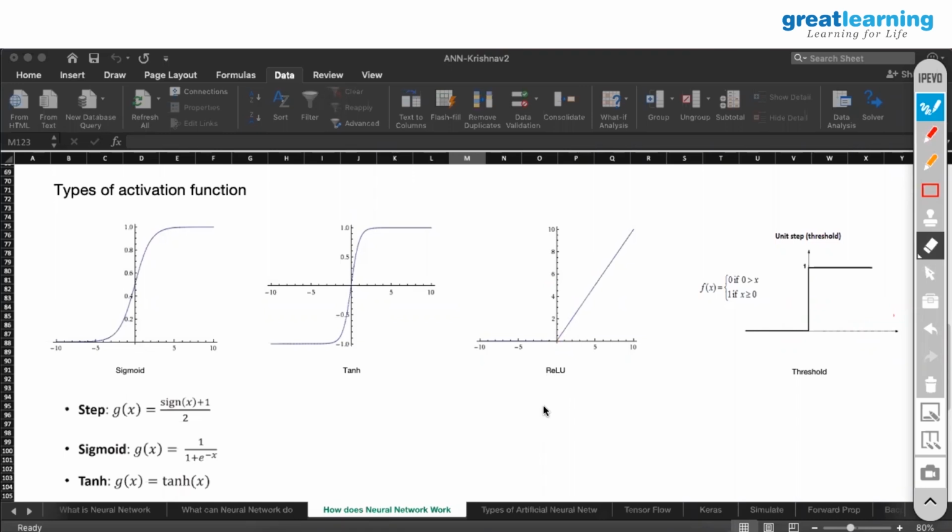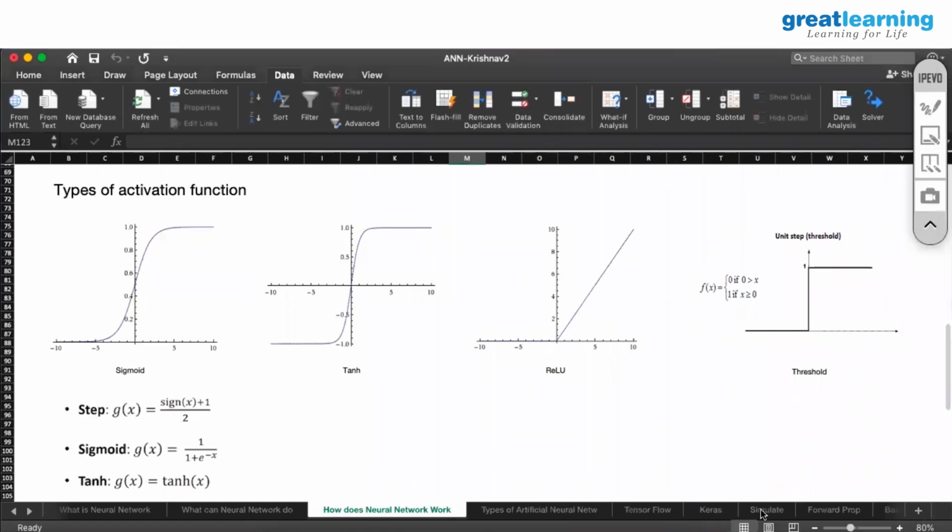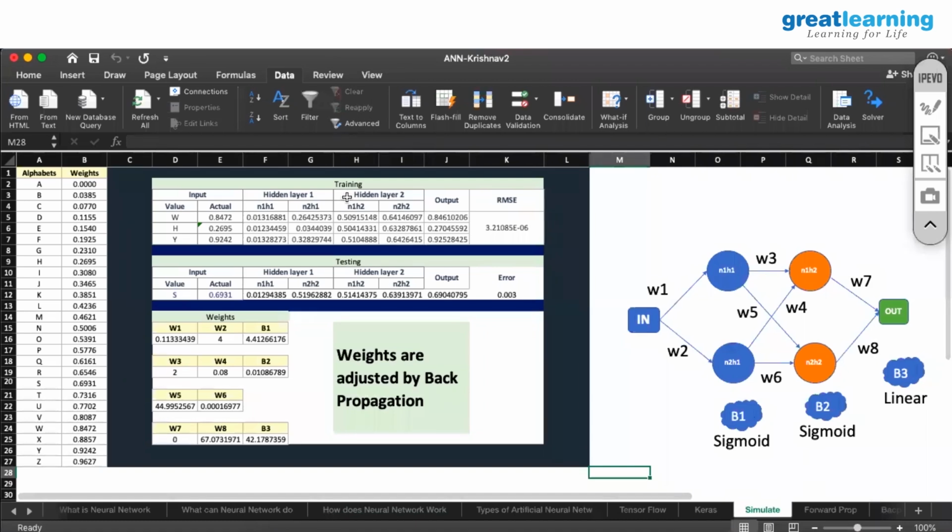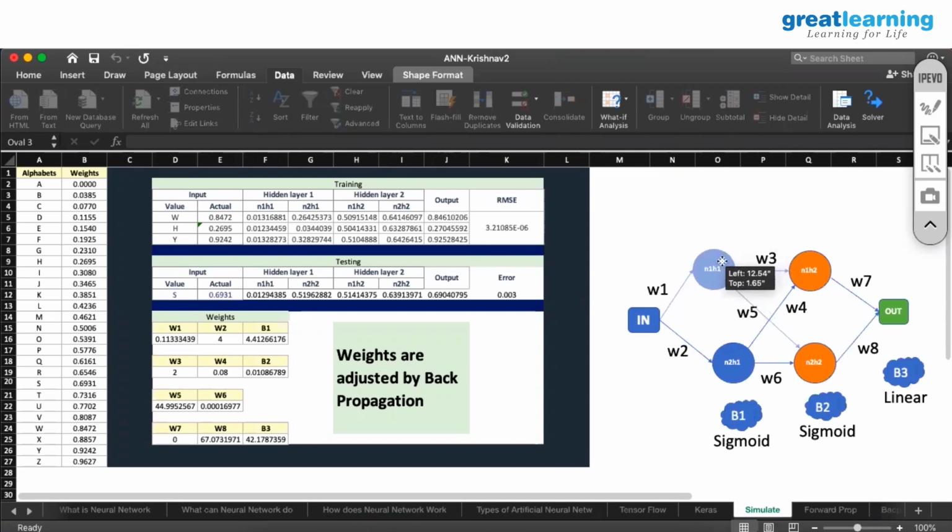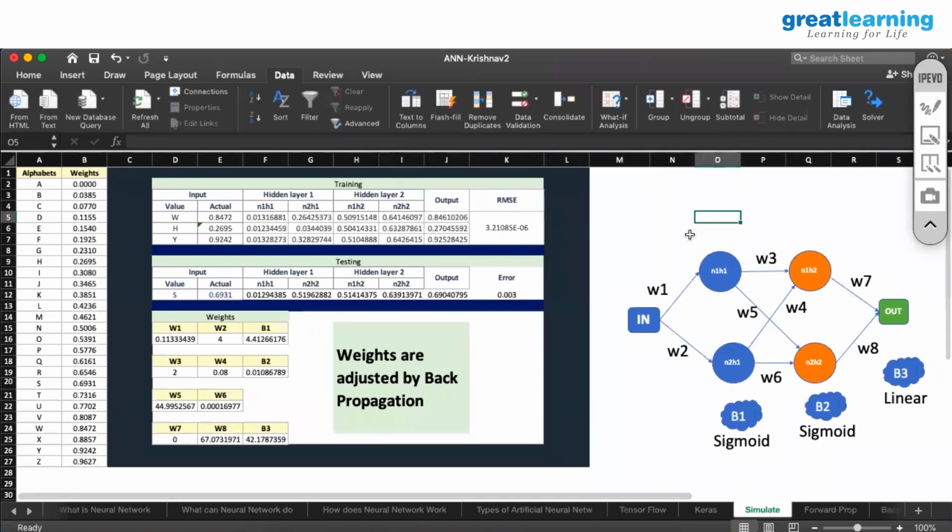And one more clarification, Krishna. Can you just go back to that picture? See, from input to this N1H1, this W1 is getting passed, right? Will the activation function work here, or only from N1H1 to N1H2? The activation function resides here, at N1H1.